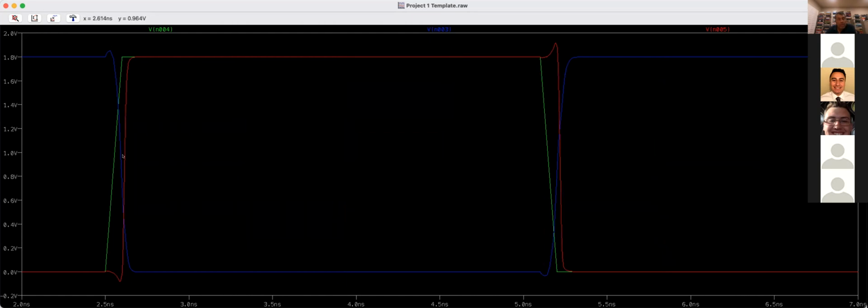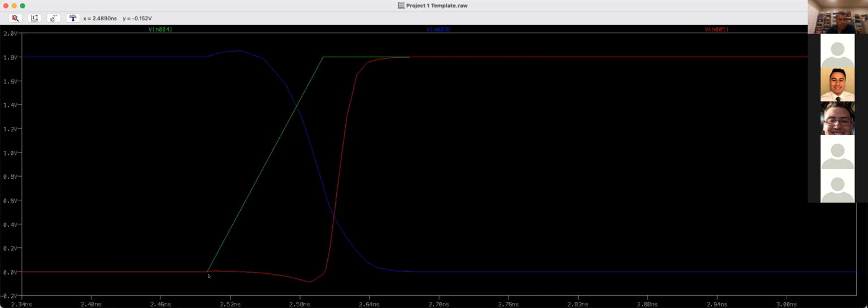Notice how, for the sake of discussion, you compare the fall time of the blue to the rise time of the red. Assume the rise and fall times of the inverter are the same, which there's no guarantee of, but they're designed to be the same.